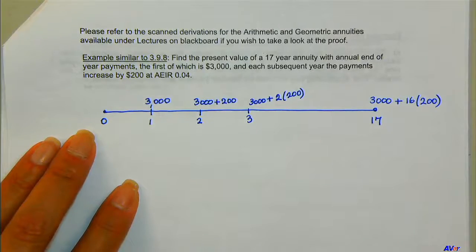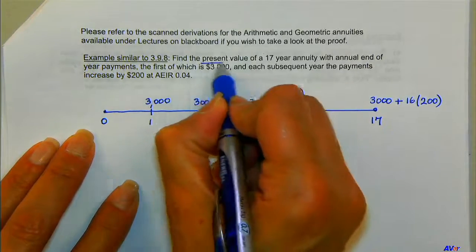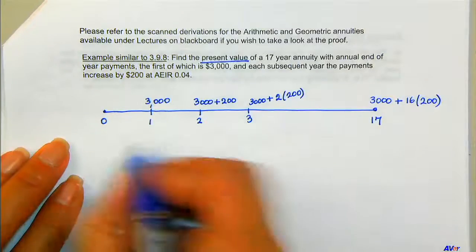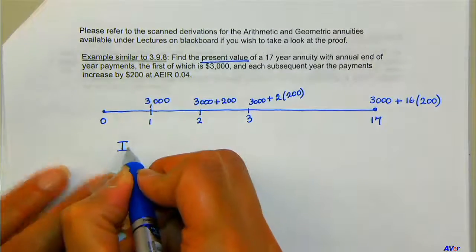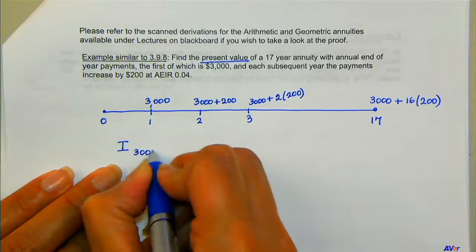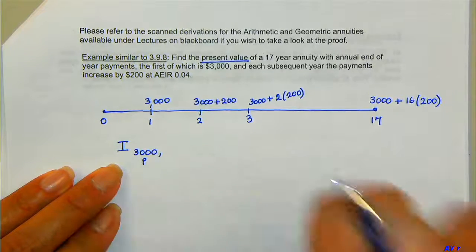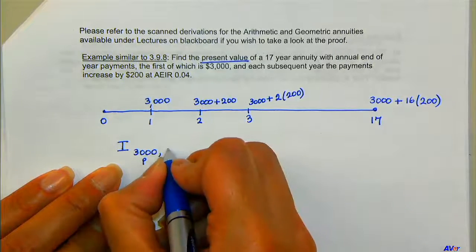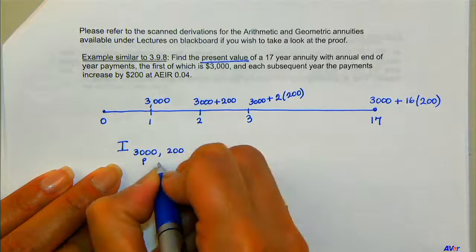And it says find the present value. So it's a plug-in. Get used to this notation, okay? I, 3,000, that's my P. My Q is 200, that's the increment.